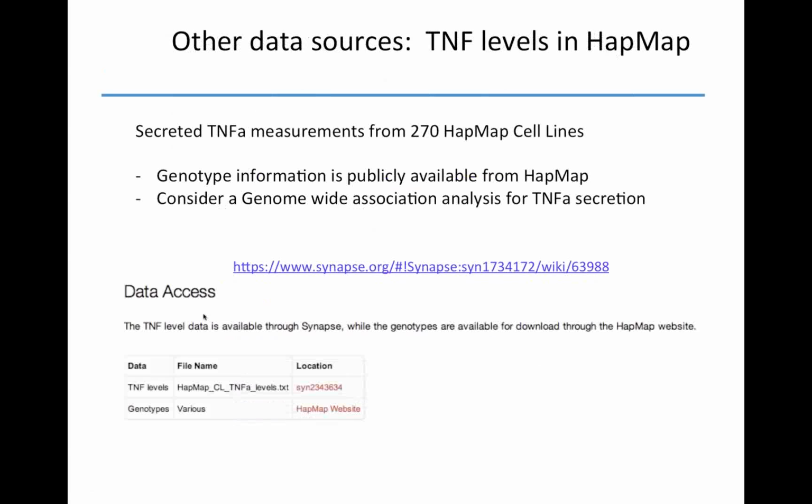And this was probably one of the more robust measurements in terms of reproducibility across not just duplicate samples on the same day, but cell lines that were measured many months apart.